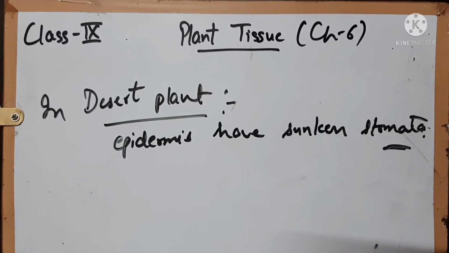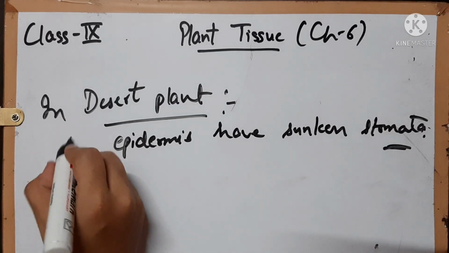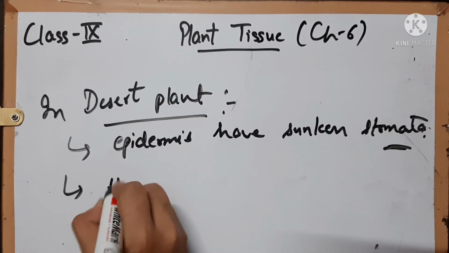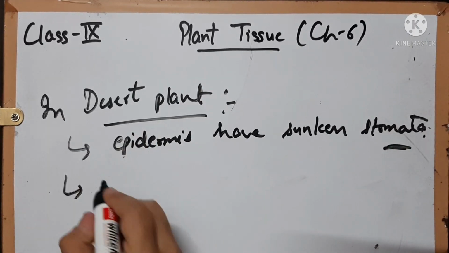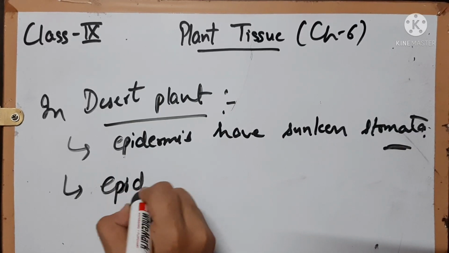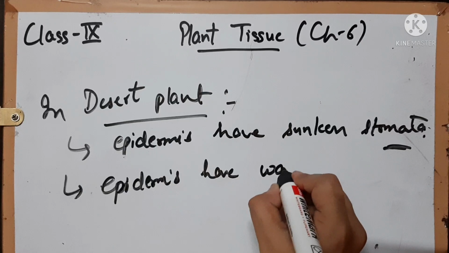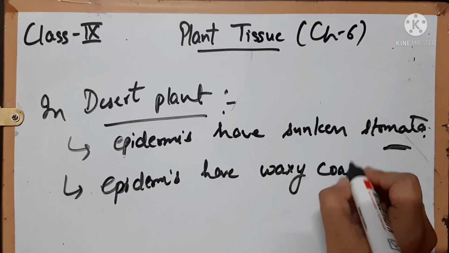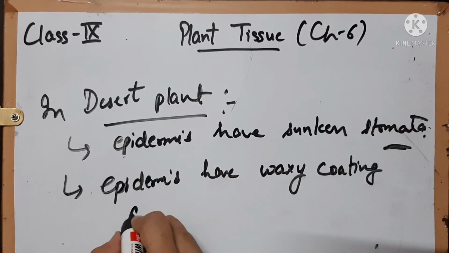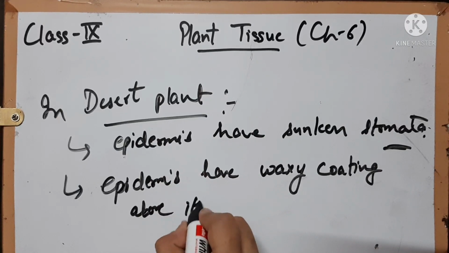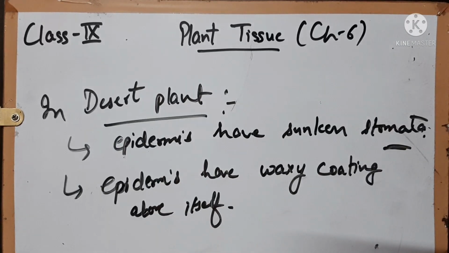The epidermis of desert plants has sunken stomata, and the epidermis also has a waxy coating above itself, above cutin. What is cutin?